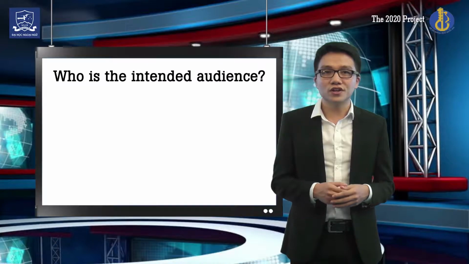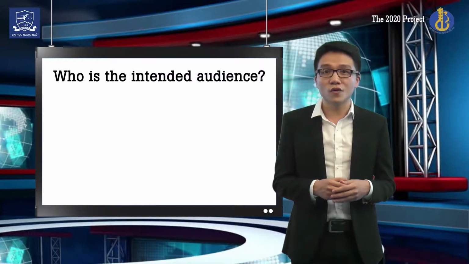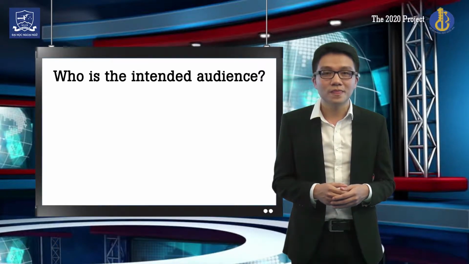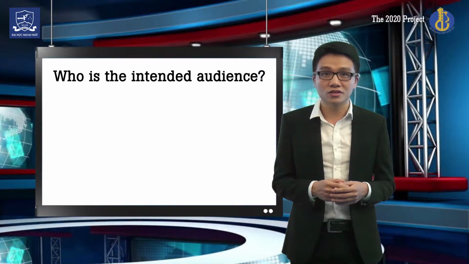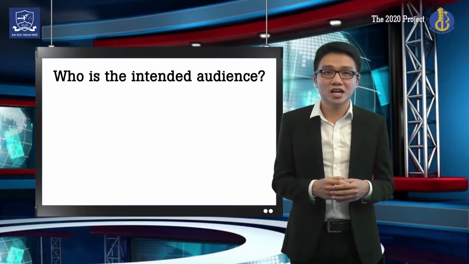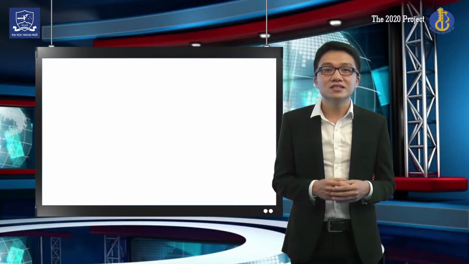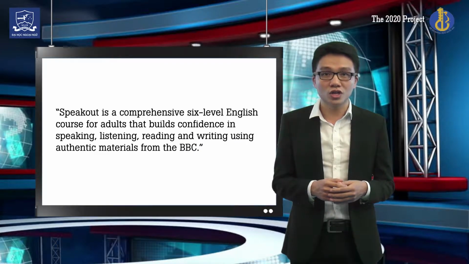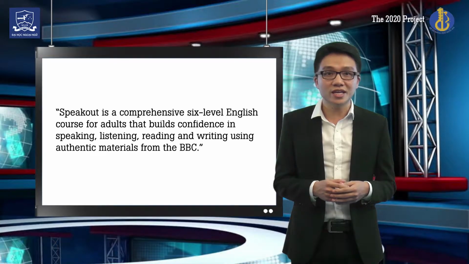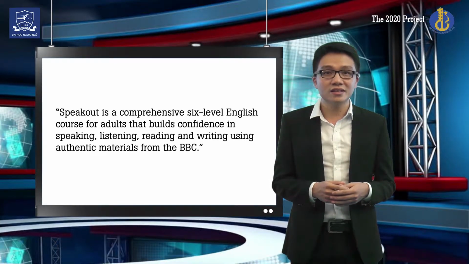This is probably the first question you would like to ask when browsing the shelves in bookstores for a textbook for your class. Many modern ELT textbooks have this information printed on the cover. So, if you look at the back cover of Speak Out, for example, you'll see a text that says, Speak Out is a comprehensive 6-level English course for adults that builds confidence in speaking, listening, reading, and writing using authentic materials from the BBC.